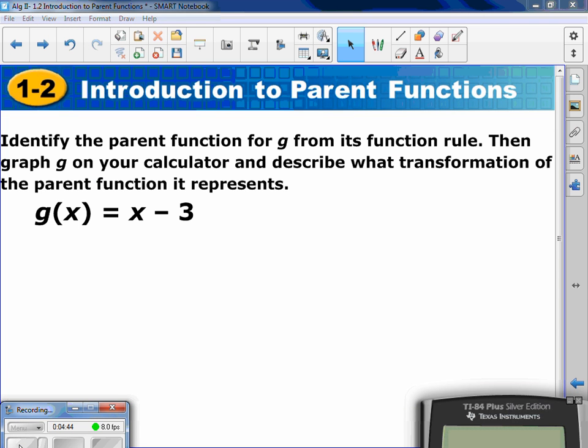So what we're going to do is identify the parent function for g from its function rule. Then we're going to graph g on our calculator and describe the transformation that occurs. So if we have g of x equals x minus 3, what's my parent function?